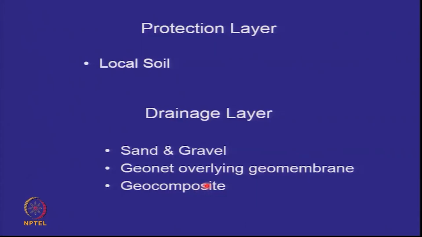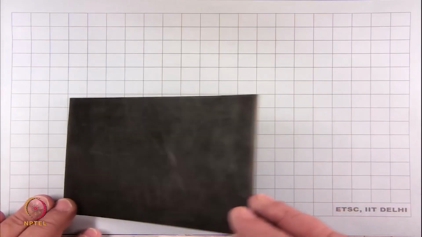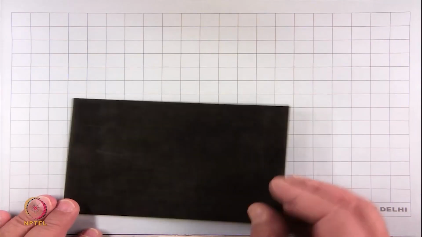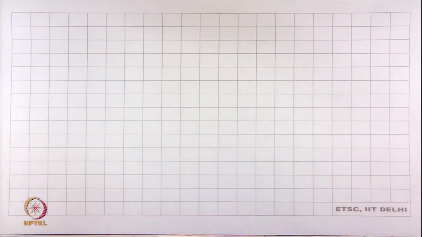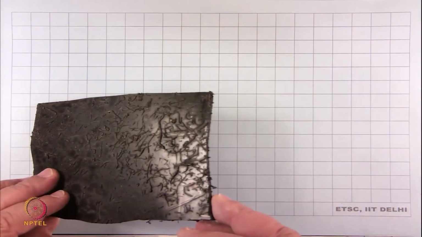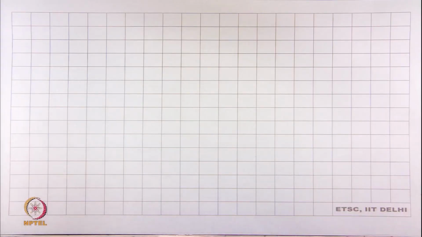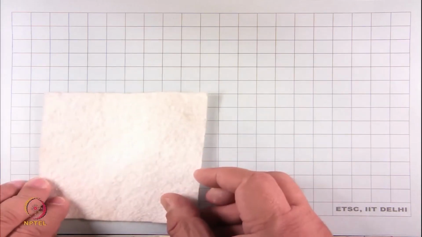So let's see, starting with a geomembrane, then a GeoNet, and then a geocomposite. So we all remember this smooth geomembrane. And we also all remember the rough geomembrane, and this is going to become very important in covers. Now I'm going to show you, we remember geotextiles, non-woven geotextile, right.